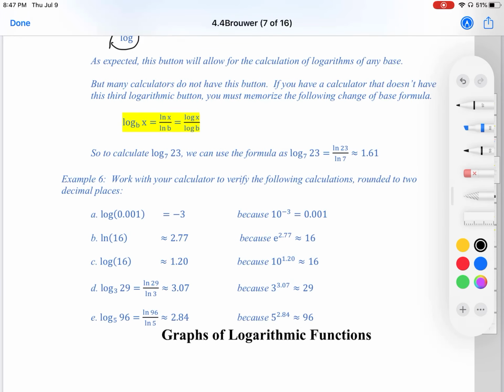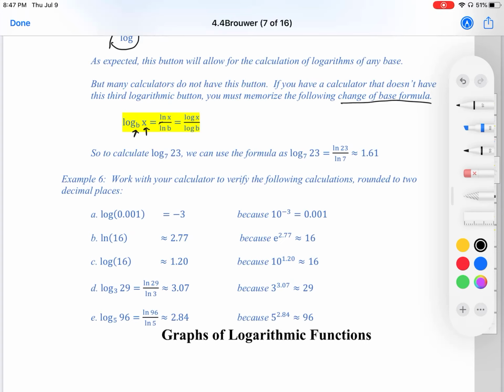If you have a calculator that doesn't have this third logarithm button, you must recognize the following change of base formula. The change of base formula says that if I have log base b of x, then I can evaluate it as ln of x divided by ln of b, or log of x divided by log of b.